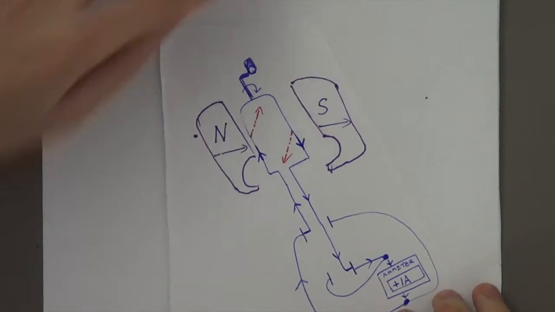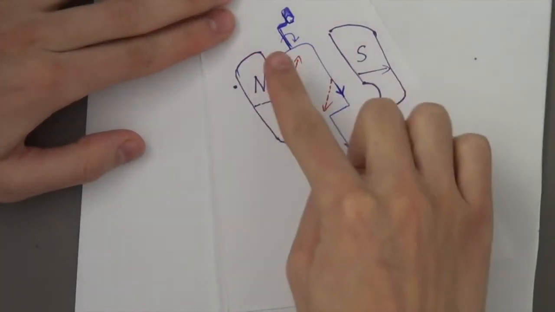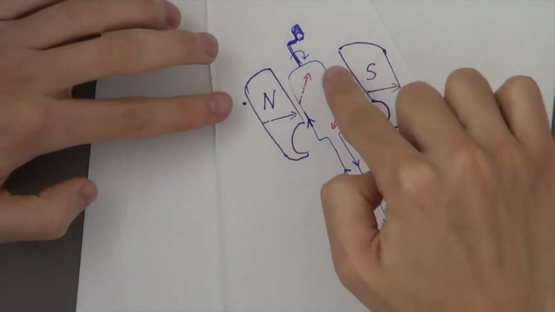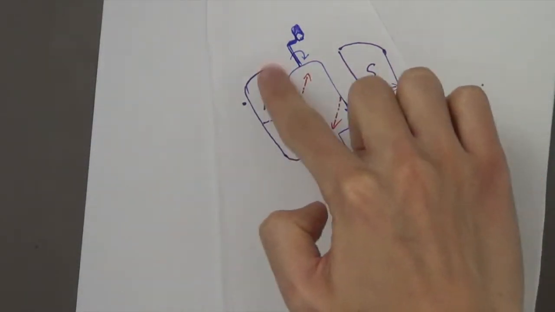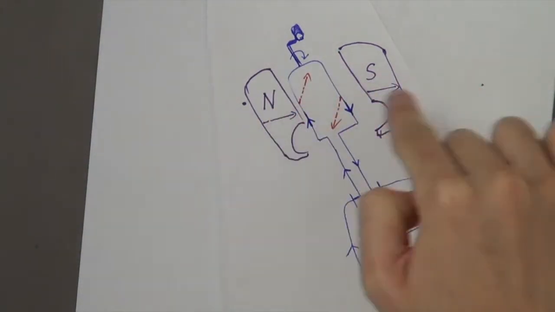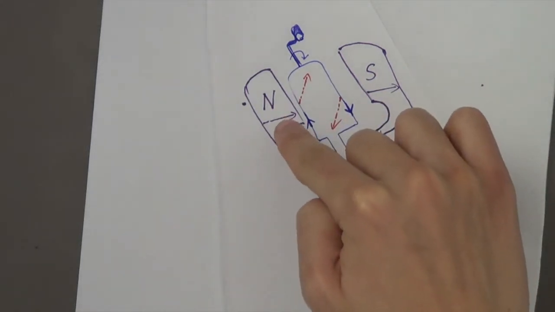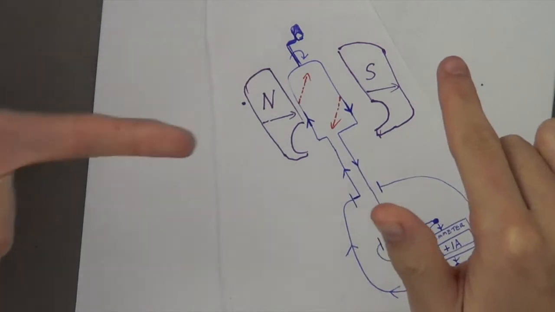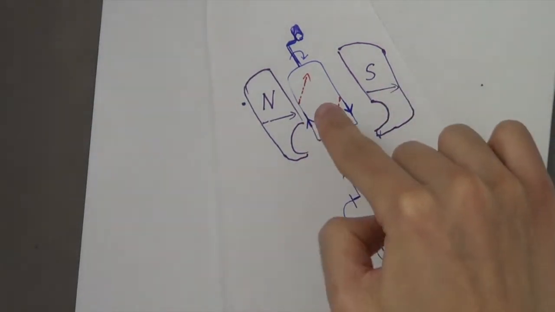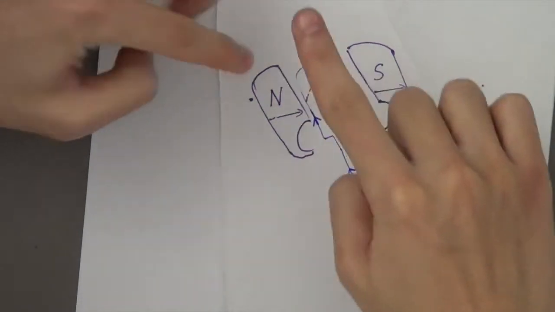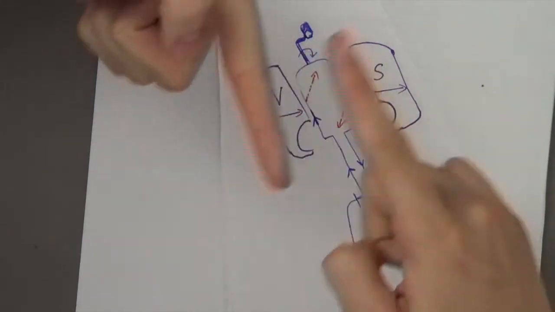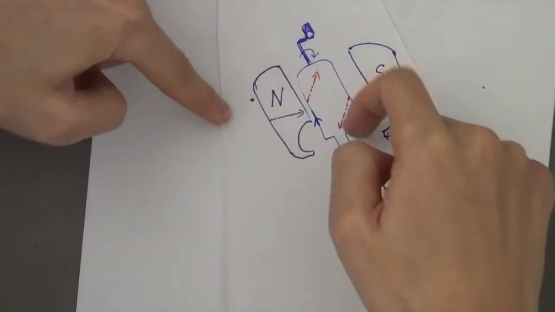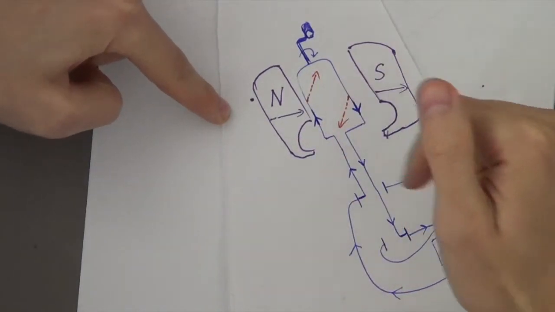So let me explain what I've got here. The first bit is the rotational movement from the steam or the wind. Now, that is connected to a coil of wire in between two magnets. North magnet, south pole magnet. If you see the rotation is going around like that, that means this section of the wire, or the coil of wire, is going to go up, and this section of the wire is going to go down.